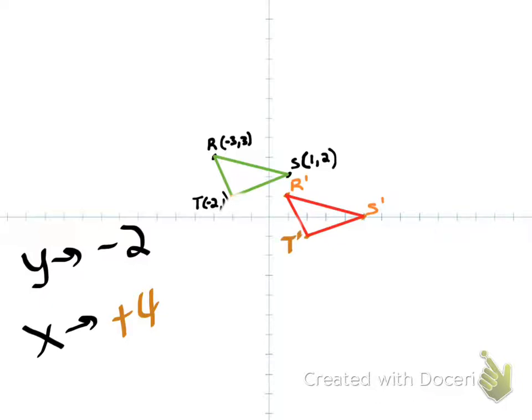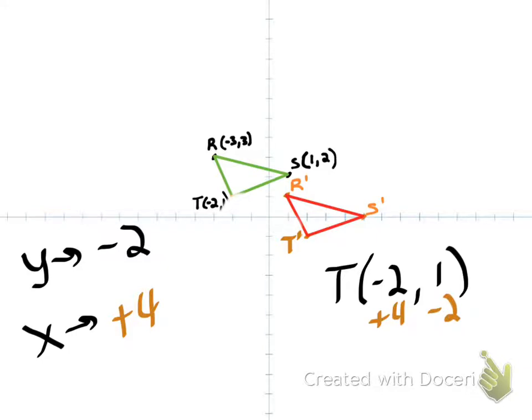Now let's figure out our T prime. T is negative 2, comma 1. And we want to find T prime. To do that, we're going to add 4 to x and subtract 2 from y.